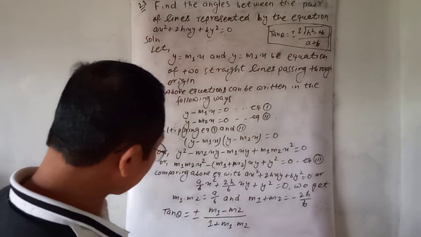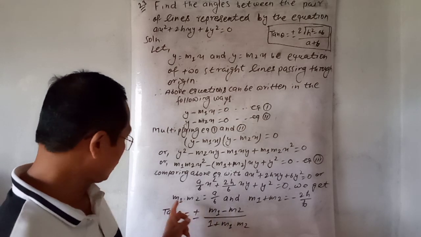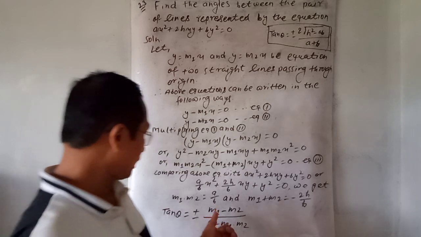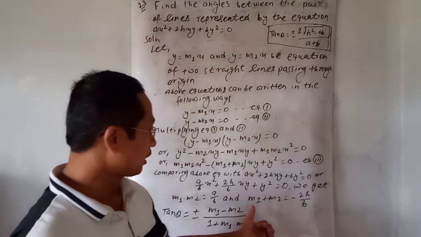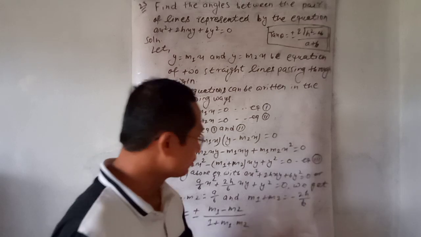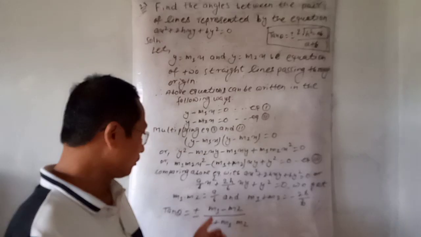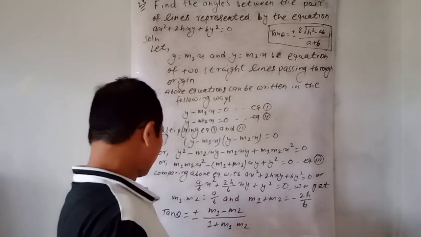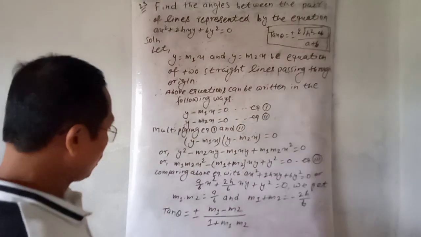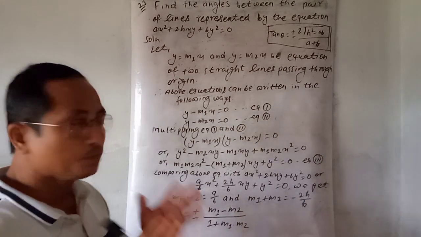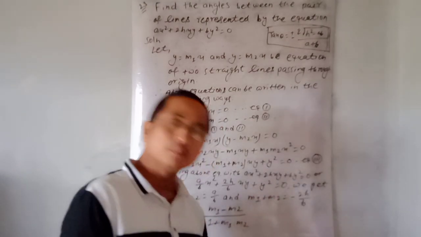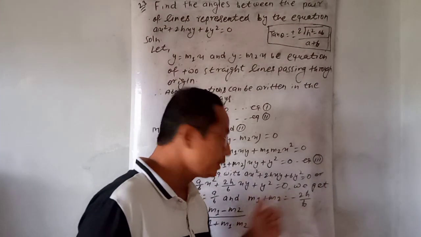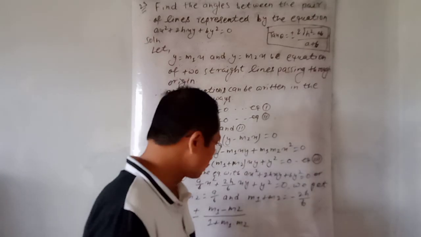So tan theta is equal to plus minus m1 minus m2 by 1 plus m1 into m2. Now we have to put the value of m1 into m2. The m1 into m2 value we have already calculated as a by b, and here is m1 minus m2, but we have calculated the m1 plus m2 value. It means the m1 minus m2 value has not been calculated. That's why for this m1 minus m2 we have to bring it in the form of m1 plus m2, so that we can put the value minus 2h by b in place of m1 plus m2.